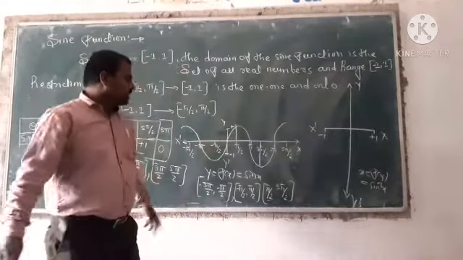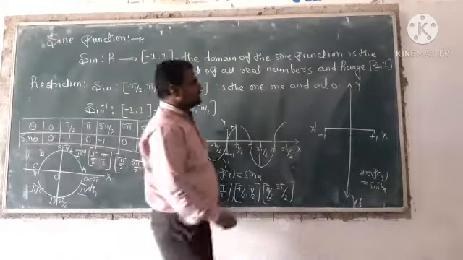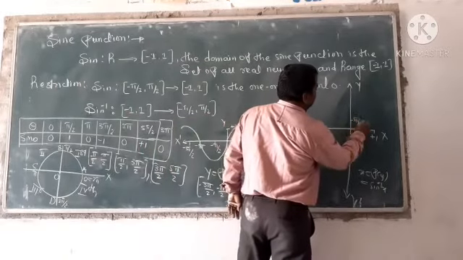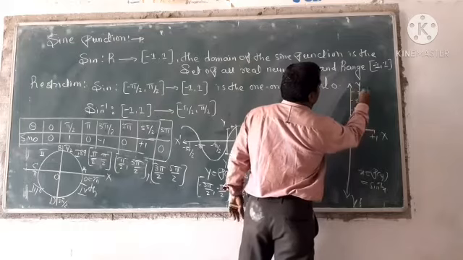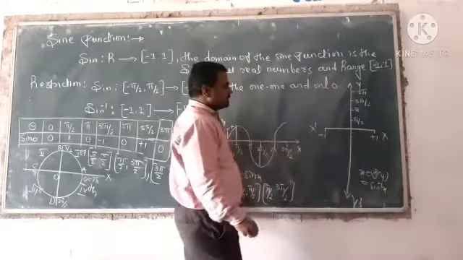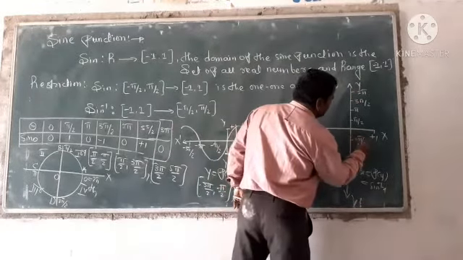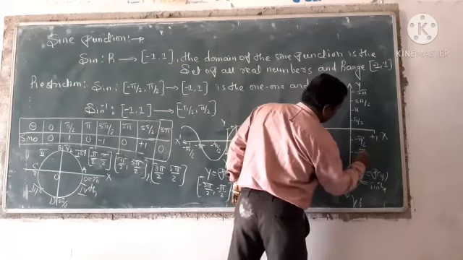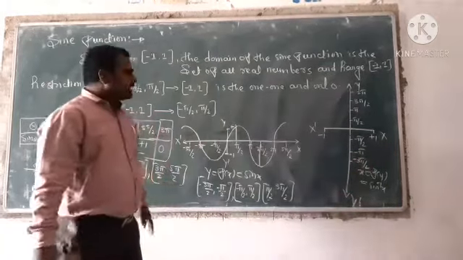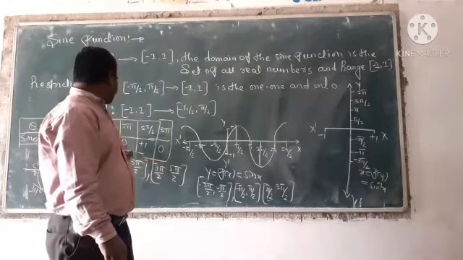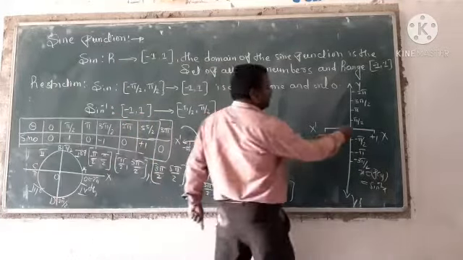Sine inverse y, otherwise you can take it as inverse. So here pi by 2, pi, 3 pi by 2, 2 pi, and here minus pi by 2, minus pi, minus 3 pi by 2. You can take the graph: sine exists at 0, here 0.